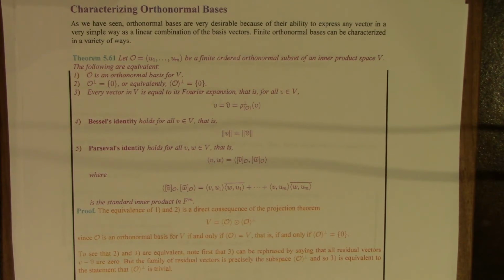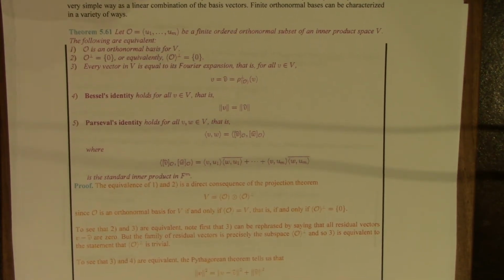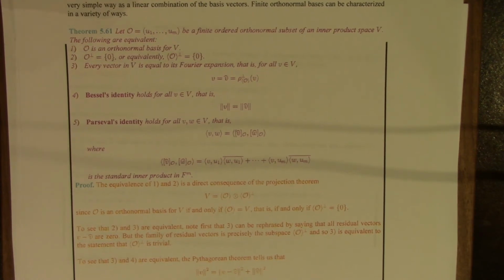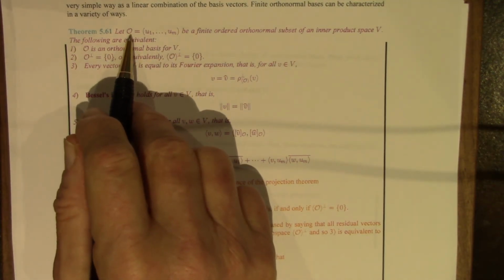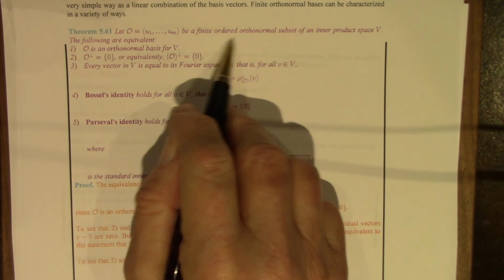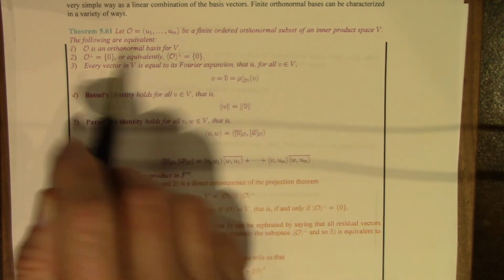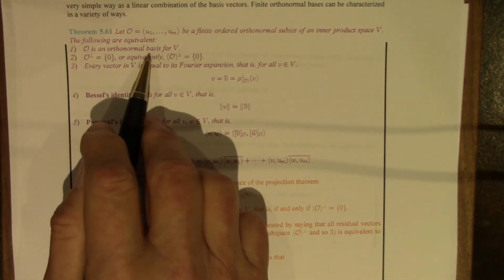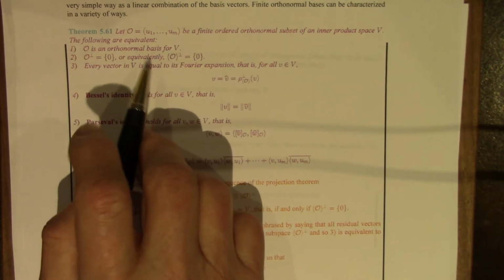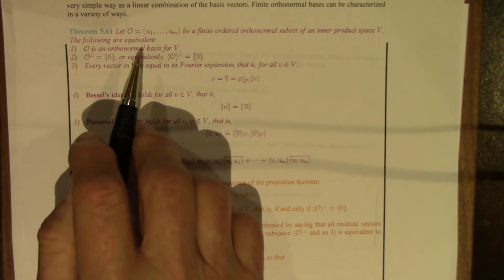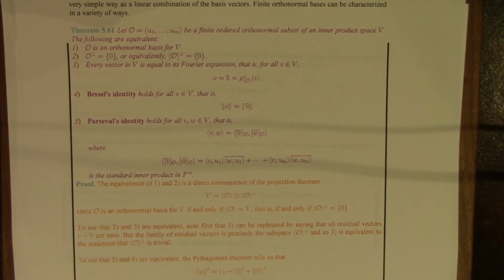Finite orthonormal bases, which will be of concern to us as we proceed through this course, can be characterized in a variety of ways. And here is a theorem. Let O be a finite ordered orthonormal subset of an inner product space V. The following are equivalent. O is an orthonormal basis for V. Just to remind you, because the issue is going to come up in a little while, orthonormal basis means basis that is orthonormal.